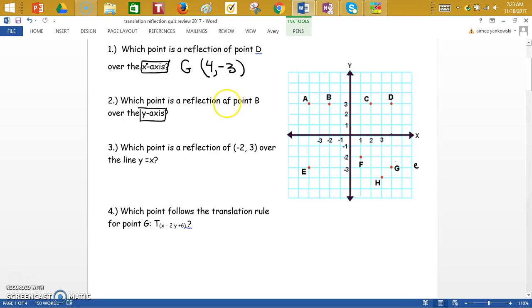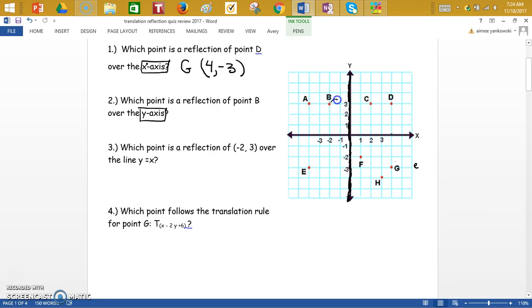All right, so we're going to reflect point B over the y-axis. So Miss Gandro would be like, all right, box in or highlight y-axis. Then she'd be like, all right, on the grid, make sure you're looking at the y-axis. Then you're looking at point B. So you're starting at point B. You're reflecting it over the y-axis. So you're flipping it over the y-axis.